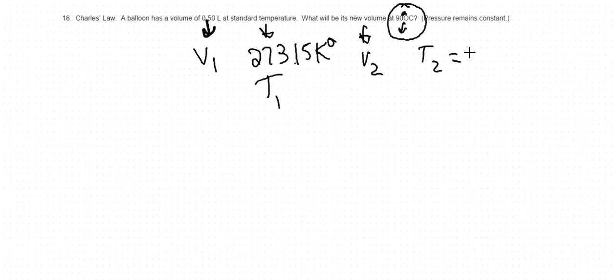So 363 degrees Kelvin. 363, right? Yeah, we'll just leave it like that. Okay. So what is Charles' law? V1 over T1 equals V2 over T2.